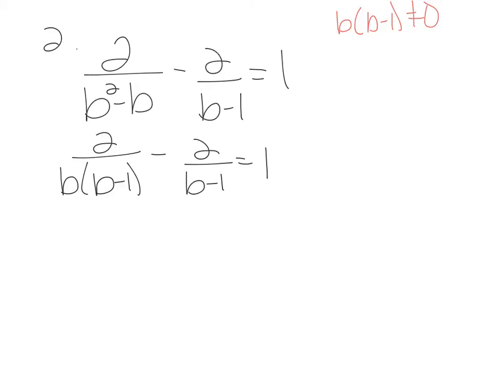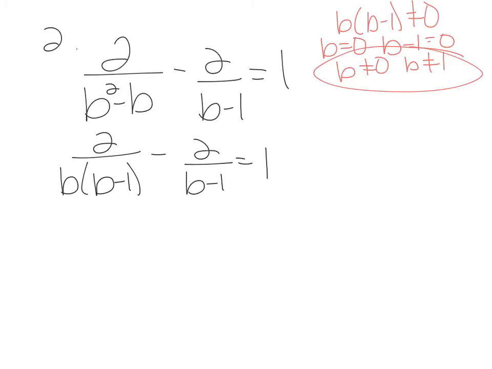Once it's factored, we set each factor equal to 0 and solve. So b cannot be 0, and b cannot be 1. And if I look at this second one, for b minus 1, it would just be b minus 1. So my restrictions are 0 and 1.